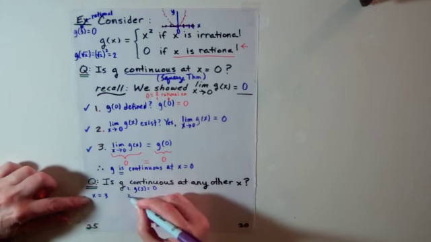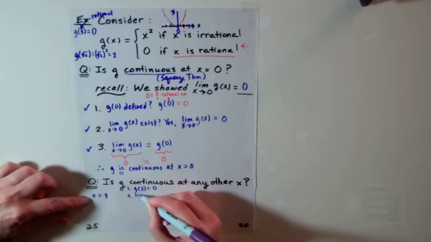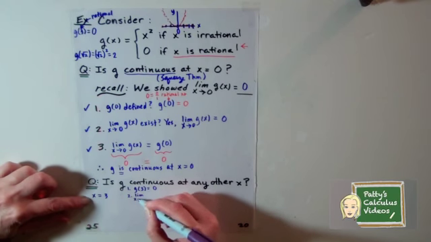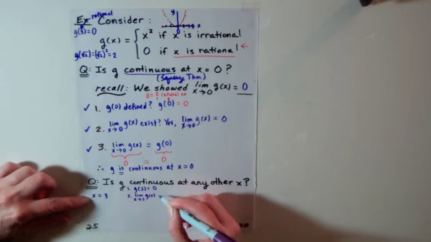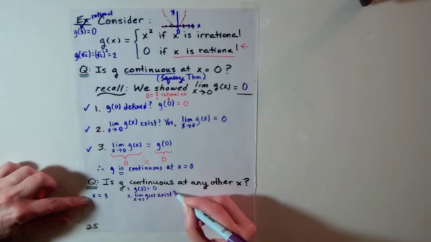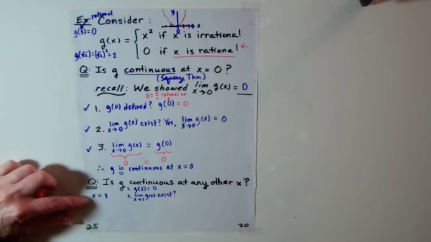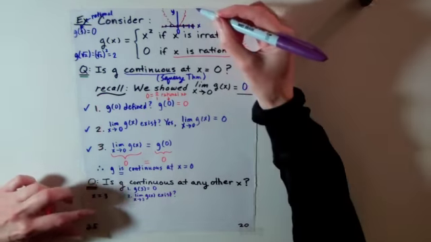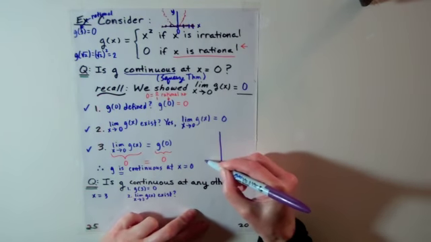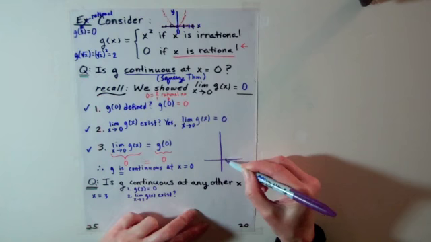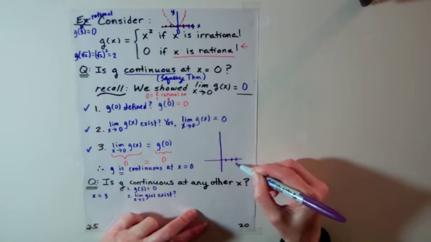The second condition would say that the limit as x approaches 3 of g of x would have to exist. So we have to answer this question, does that limit exist? Well, if you thought about the graph, let me redraw the graph right here where it's a little bit larger. Here's x equal 3.